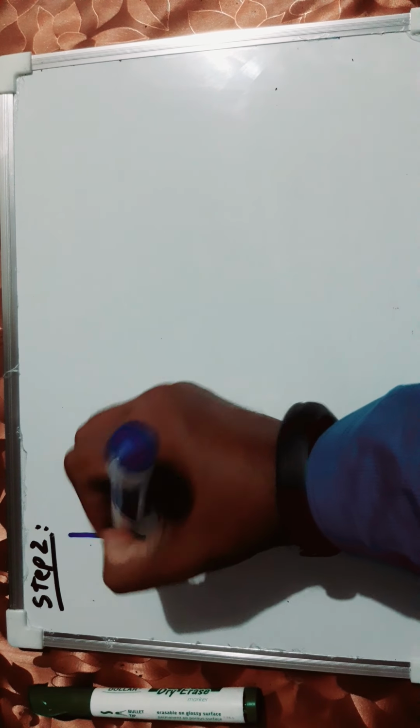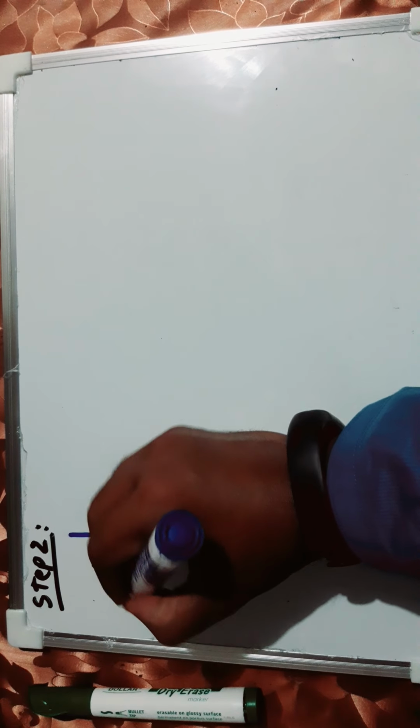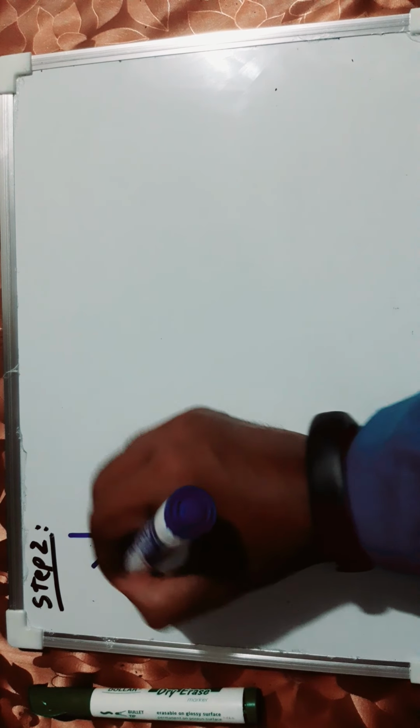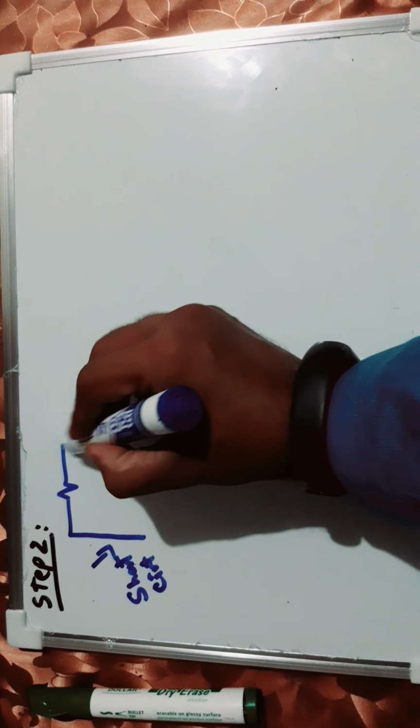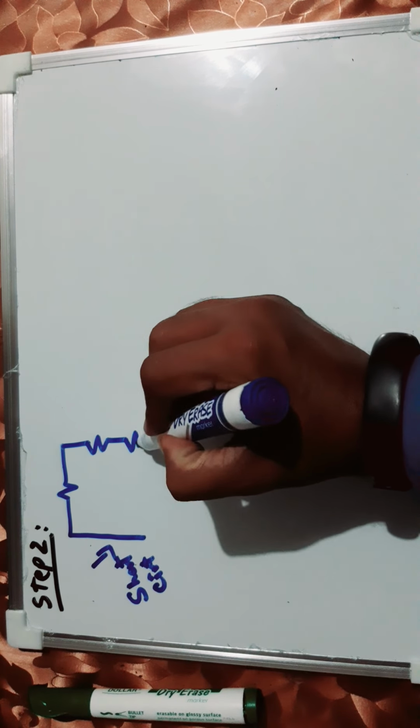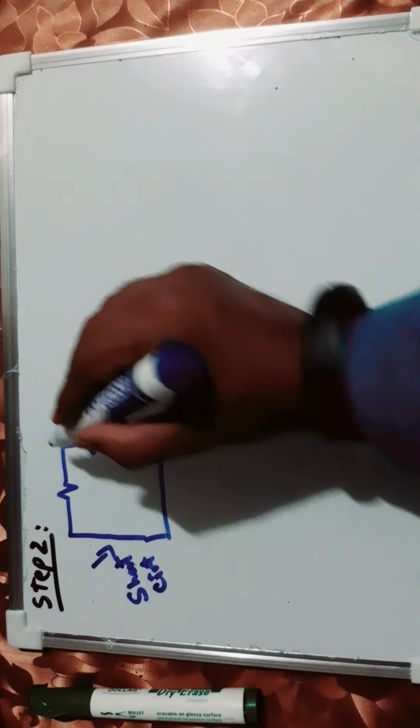So what was step 2? In step 2, we have to find the total resistance, and for that we have to short circuit our voltage source, and we will keep our remaining resistances.